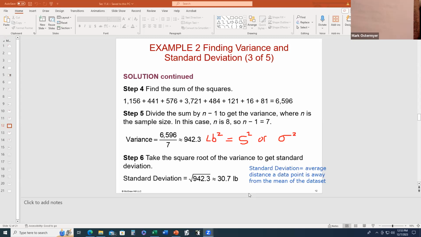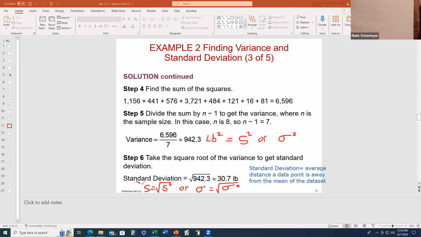Therefore, it's universally accepted in all stats books that lowercase s, which is the square root of s squared, or lowercase sigma, which is the positive square root of lowercase sigma squared, is the standard deviation of either a sample or a population.